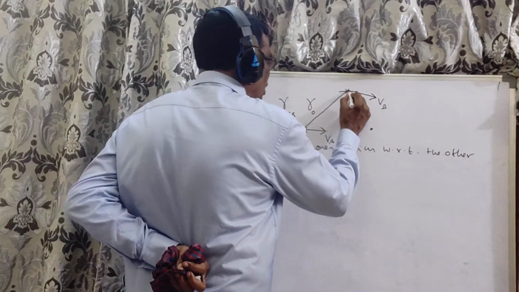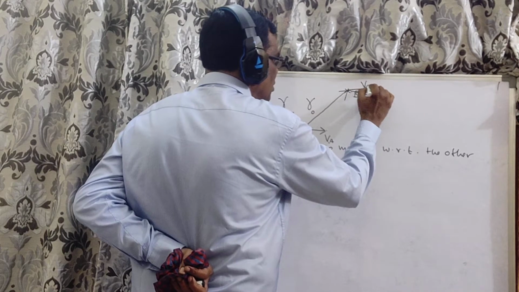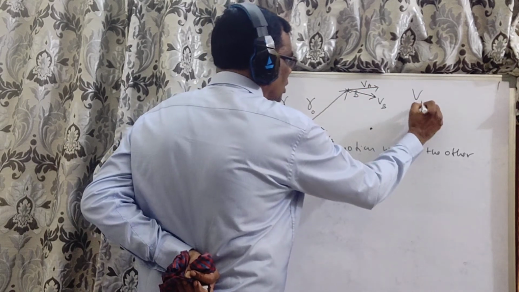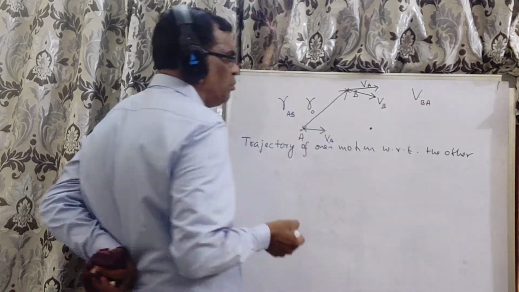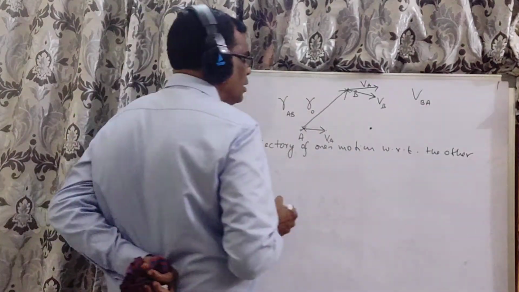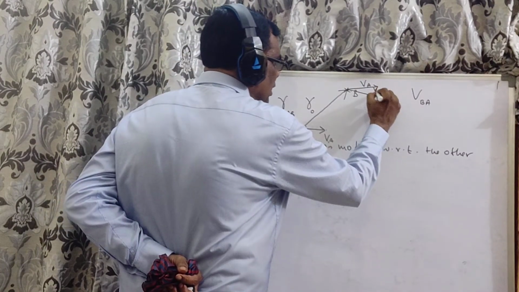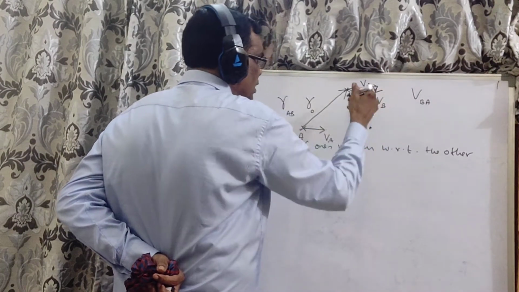So first of all, to get that, velocity of B with respect to A is V_B minus V_A. How do you get that? V_B minus V_A. So it's like this.